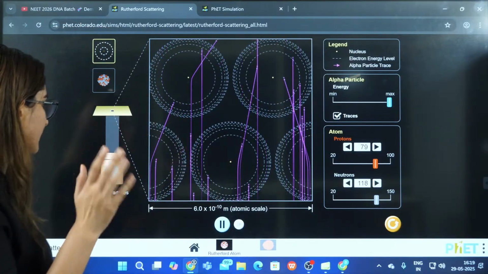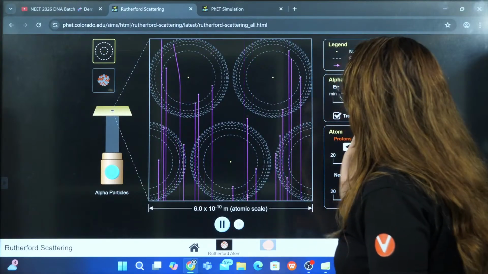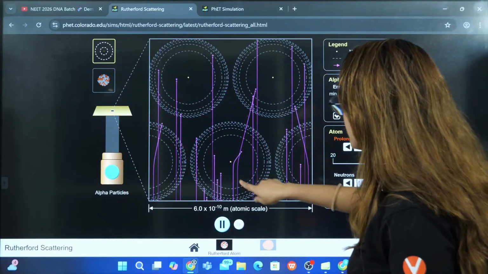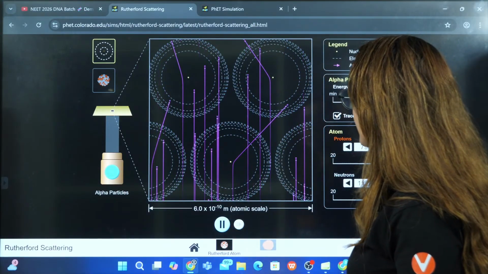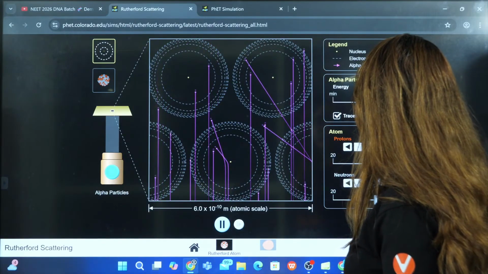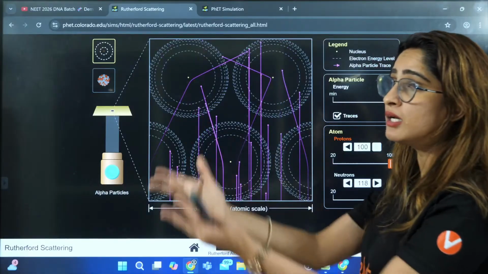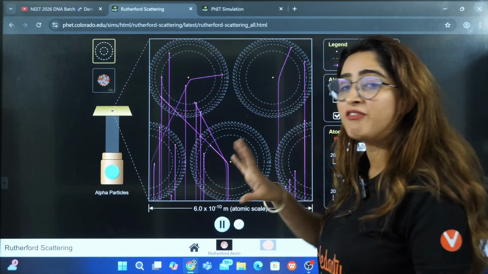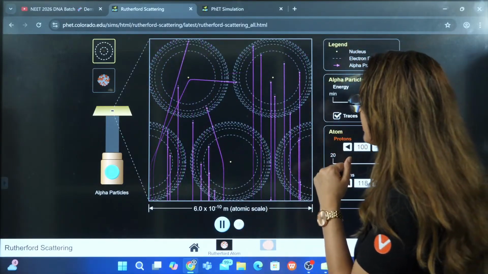Now, very few alpha particles will bounce back, and till now I have not seen even one. Wait for a minute, we will see something which will bounce back, because it has to strike the nucleus to bounce back. Till now we can't see anything. Let's increase the atomic mass, because the more the atomic mass, the more the protons, and the more the bouncing back of the alpha particles.